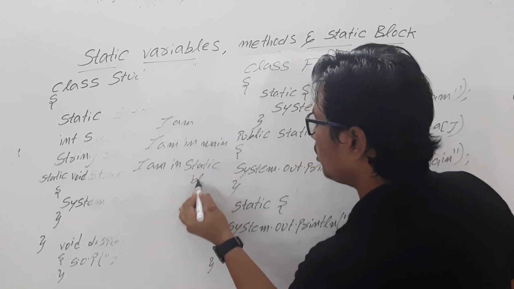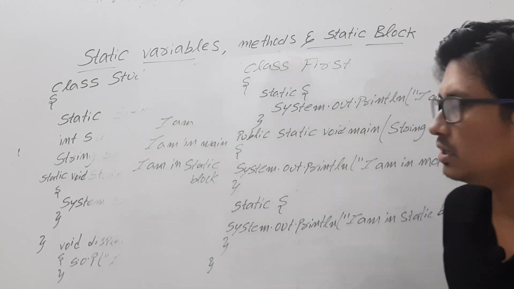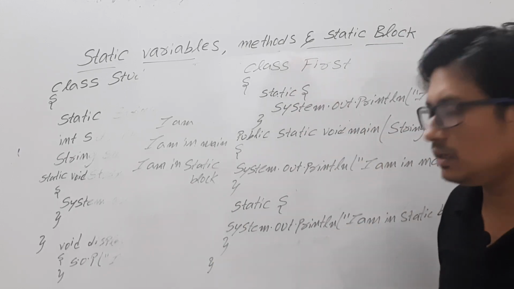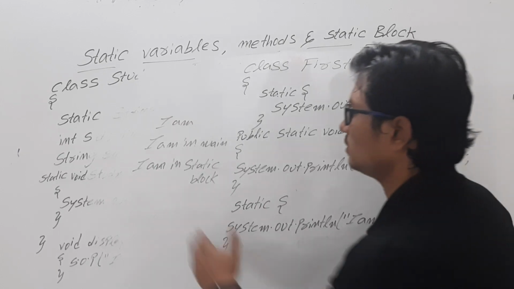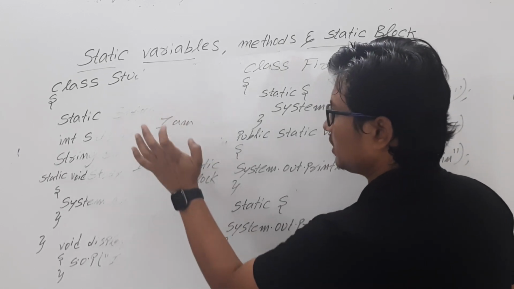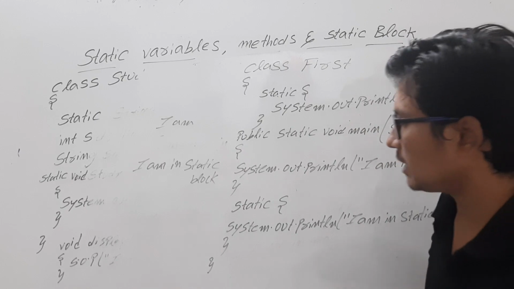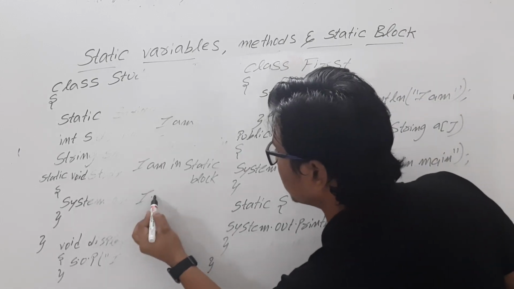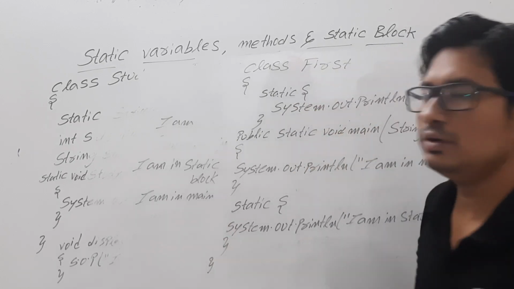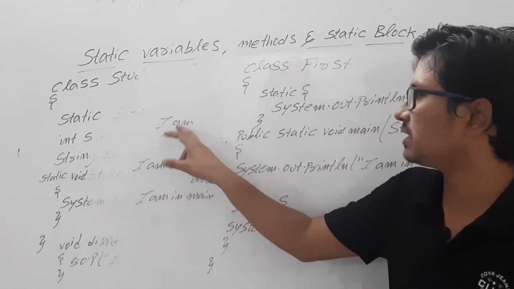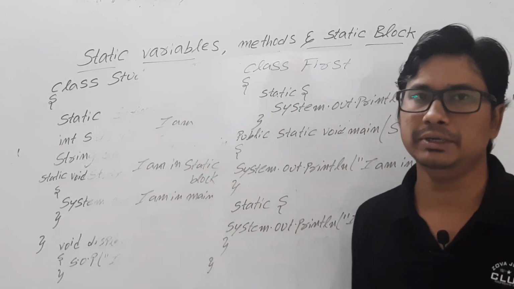So if you have multiple static blocks, one before the main method and one after the main method, then sorry, first you will get I am, then you will get I am in static block, then you will get I am in main. I'm really sorry for it. Okay, so you will get output as I am in static block, I am in main.